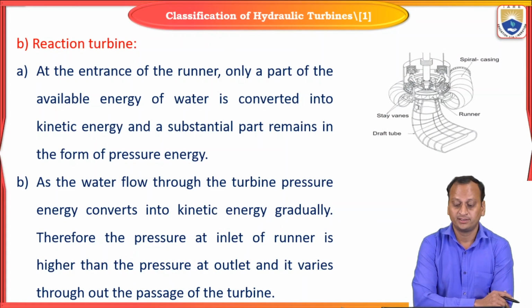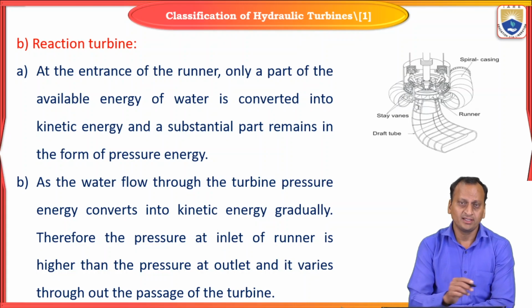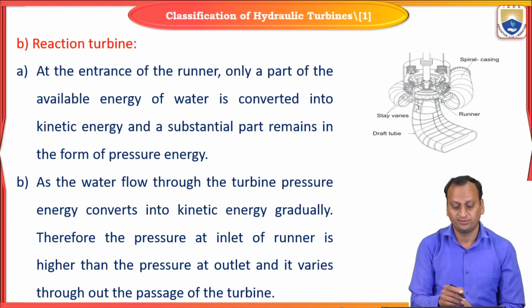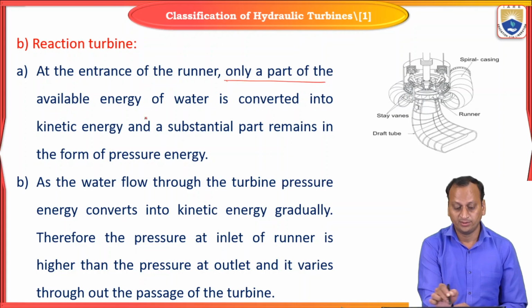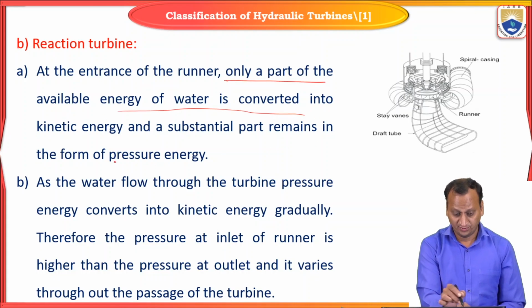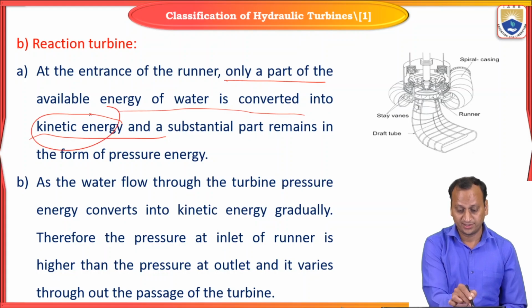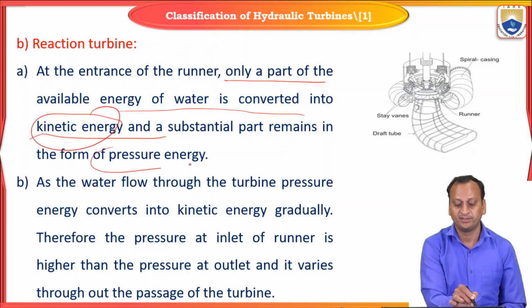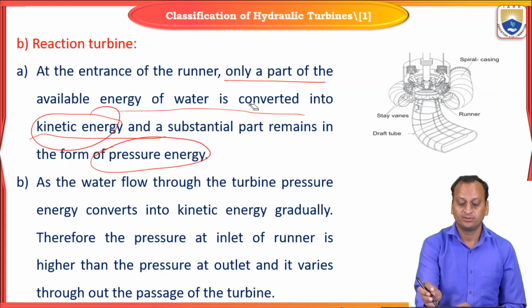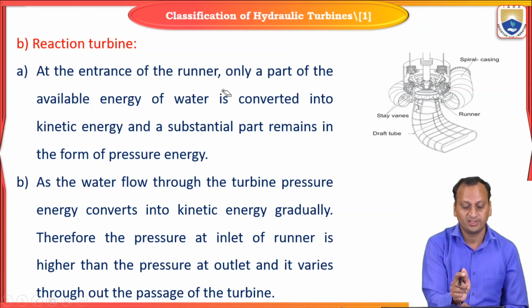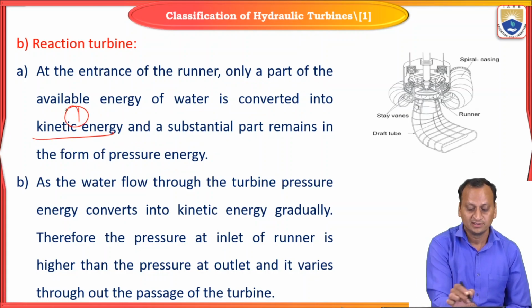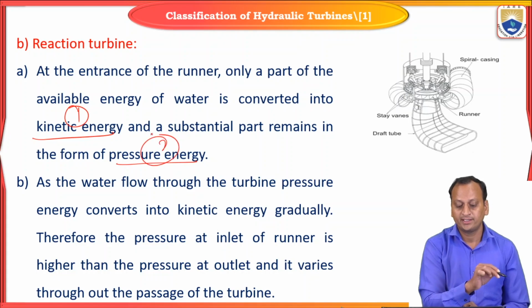Similarly, in the case of a reaction turbine, there will be two kinds of energies. Only part of the available energy of water is converted into kinetic energy, but the substantial energy will remain as pressure energy. Therefore, the reaction turbine is a combination of these two, pressure energy and kinetic energy.